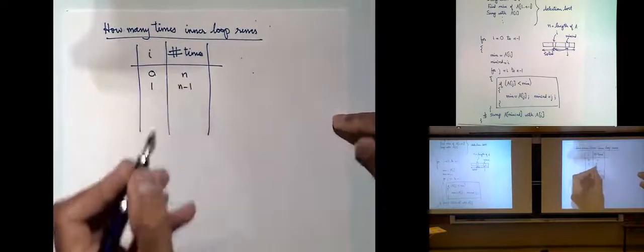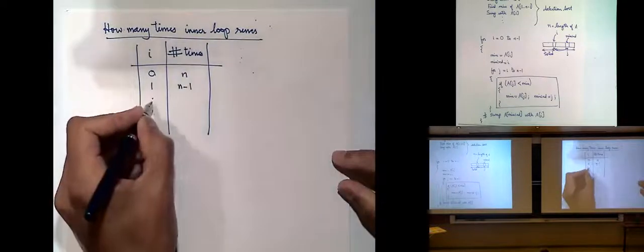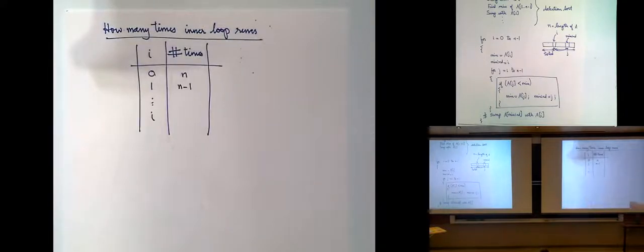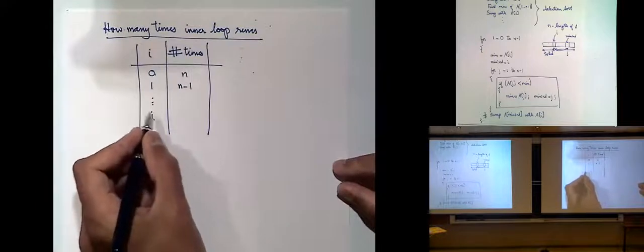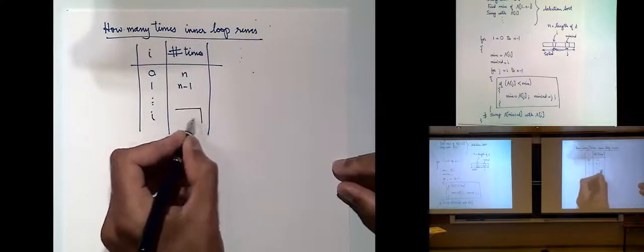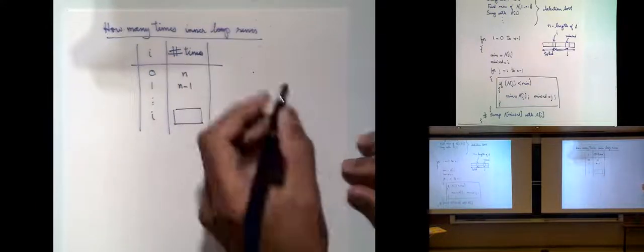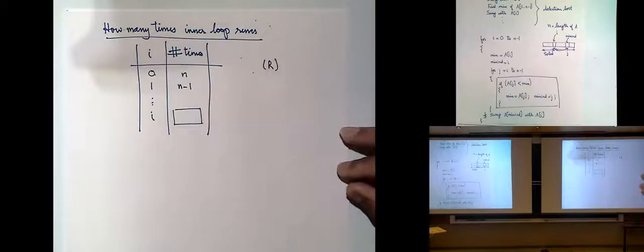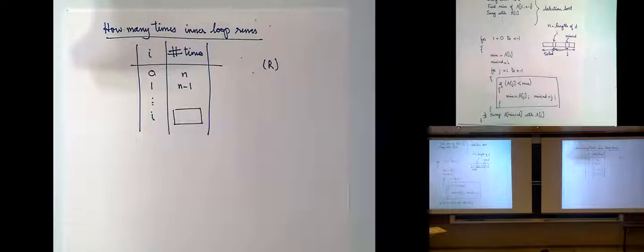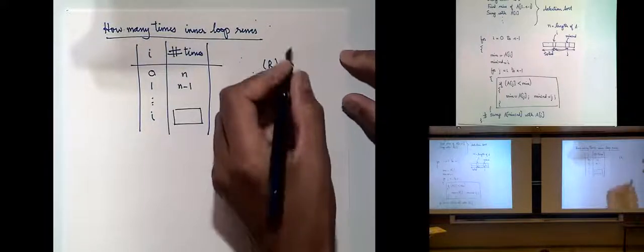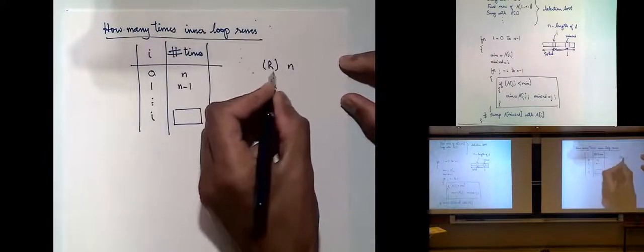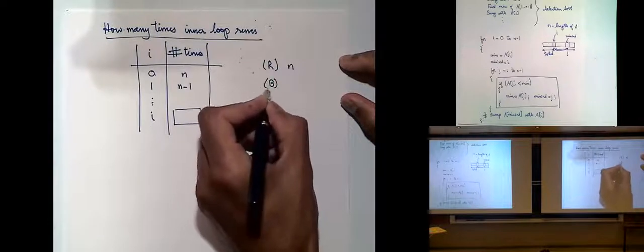Okay, so now I just want to check if you're all awake and following. So I'm going to give you 3 options, hence the post-its. For the ith iteration, I want you to tell me precisely, not at most or at least, precisely how many times it runs. Is it going to be n? Is it going to be i?